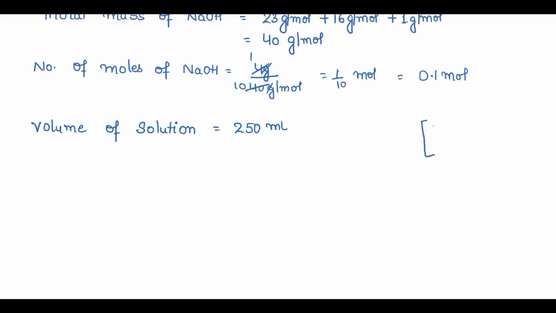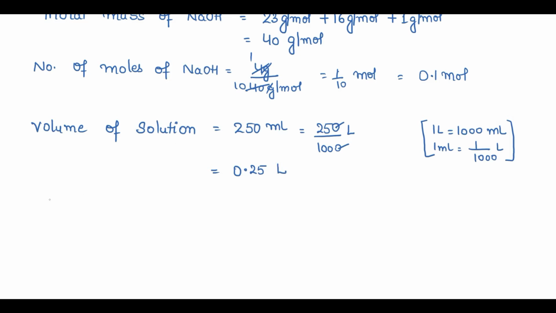So in rough you can write 1 liter equal to 1000 ml. 1 ml equal to 1 by 1000 liter, right? So simply put the value over here. So 250 by 1000 liter, right? So I'll cancel this 0 with this, right? So 0.25 liter. That is volume of solution.